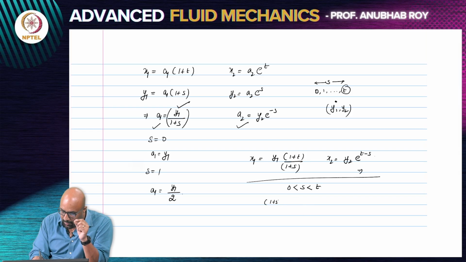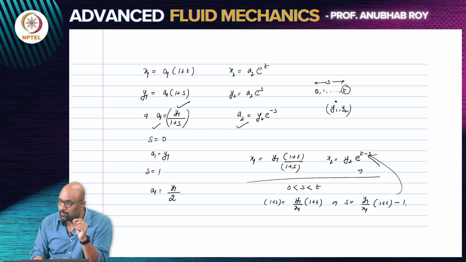I have 1 plus s is y1 by x1, 1 plus t, so s is y1 by x1 times 1 plus t, minus 1. If you plug this into the expression for x2, you are going to get an expression of x2 equal to y2 times some function of y1 by x1 and t.